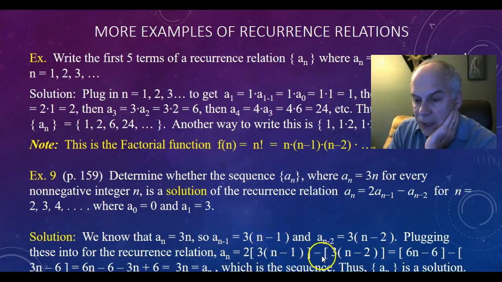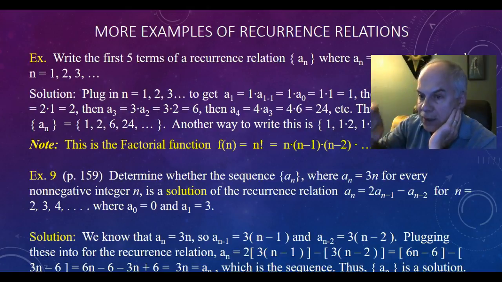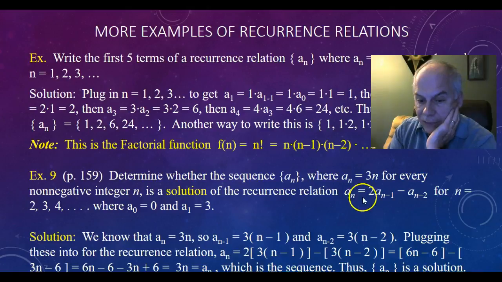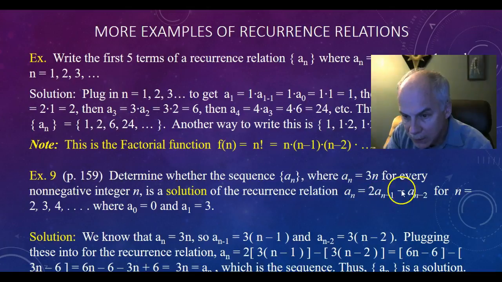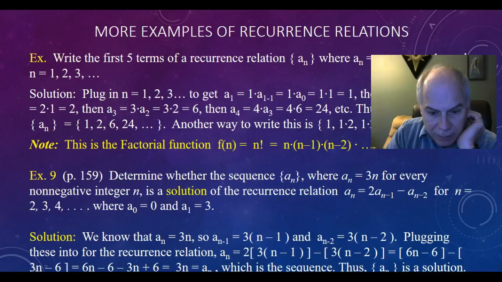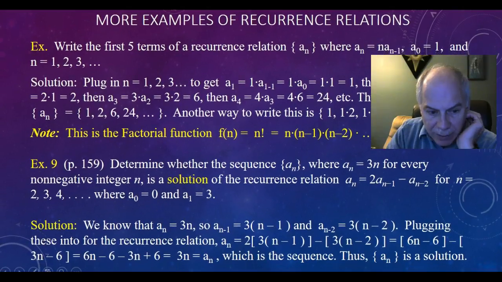And to get the term with subscript n minus 2, we go 3 times that subscript, so 3 times n minus 2. So we plug these formulas for a sub n minus 1 and a sub n minus 2 that we just found into the recurrence relation up here, and then do the algebra. Let me move this down a little bit so you can see it a little bit better.